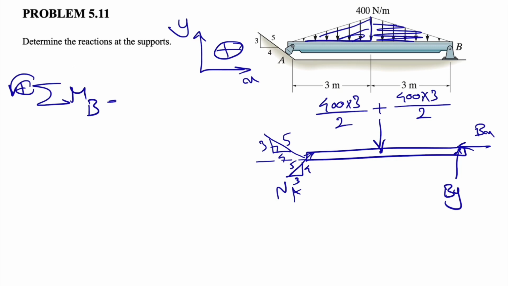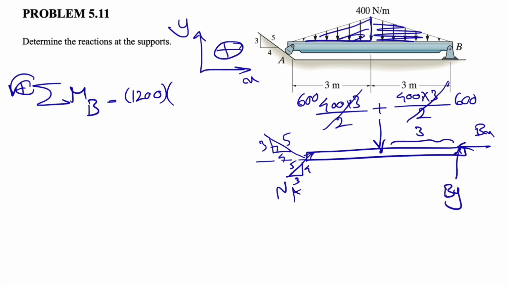First we have the moment of the distributed load, which is applying at the middle of this bar, and the magnitude will be 400 times 3 divided by 2 times 2, which at the end will be 600 plus 600 or 1200.